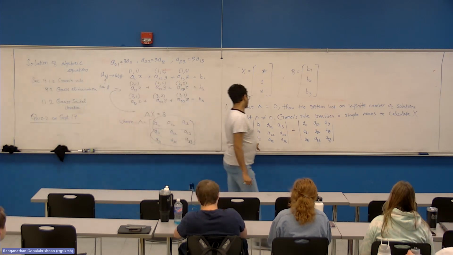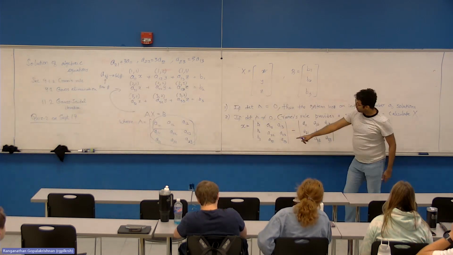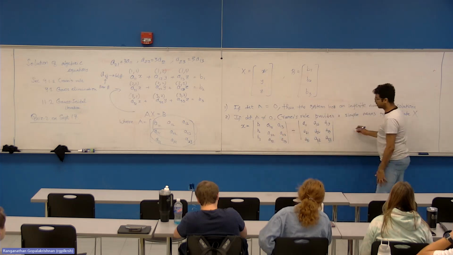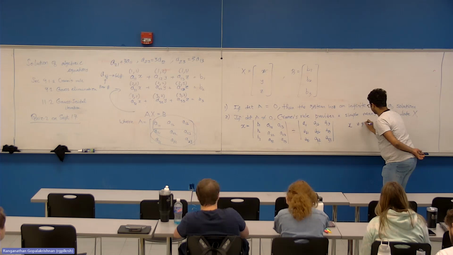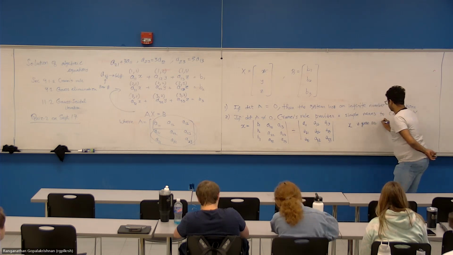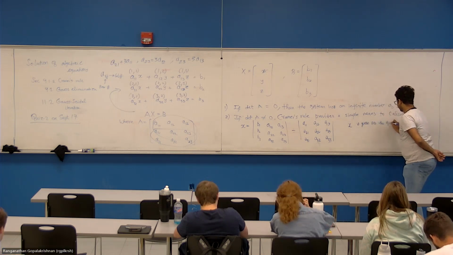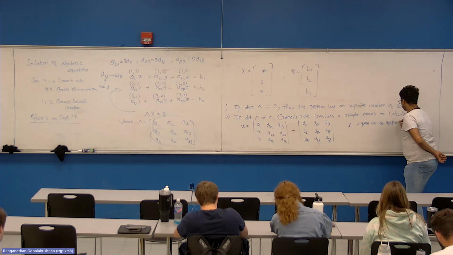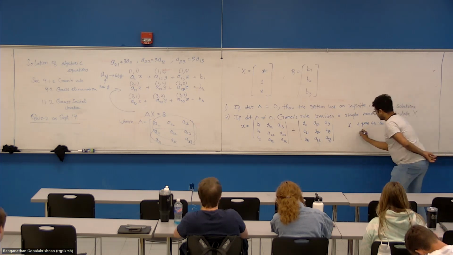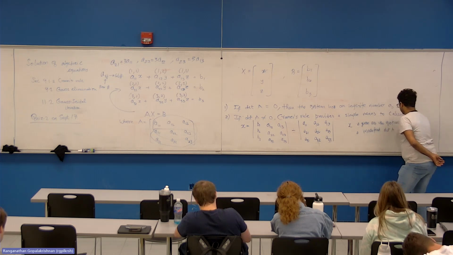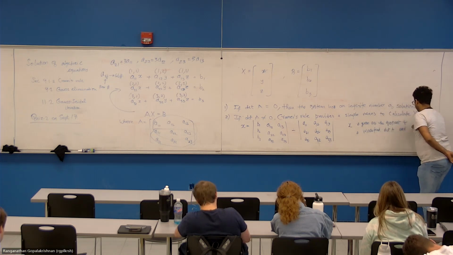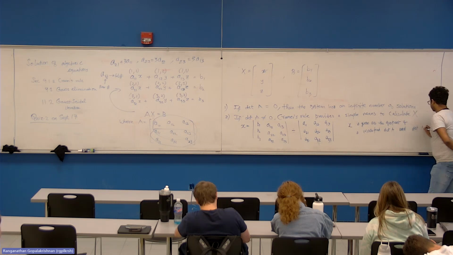So x is given by a modified determinant with the first column replaced. So I'm going to write it out in words. x is given as the quotient of a modified determinant A and determinant A itself.